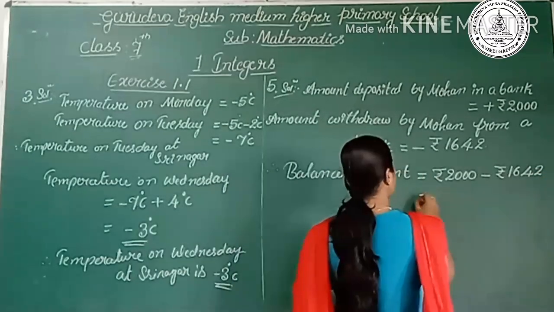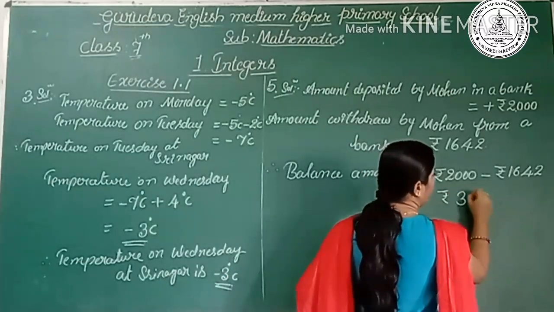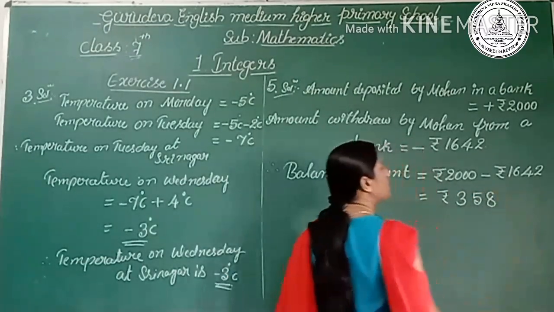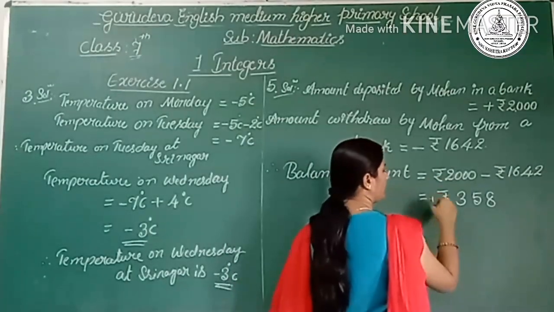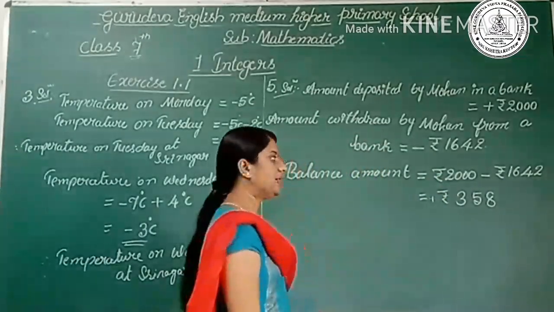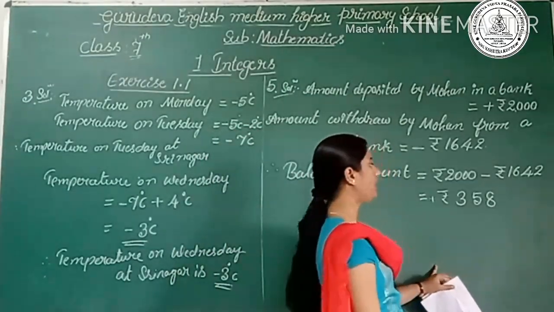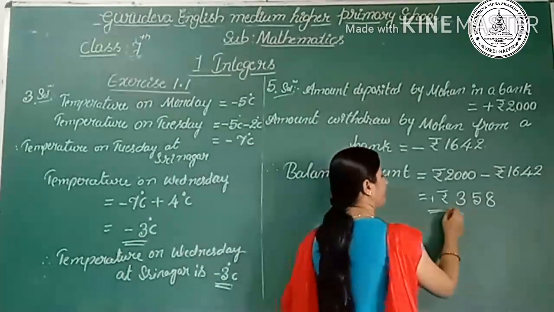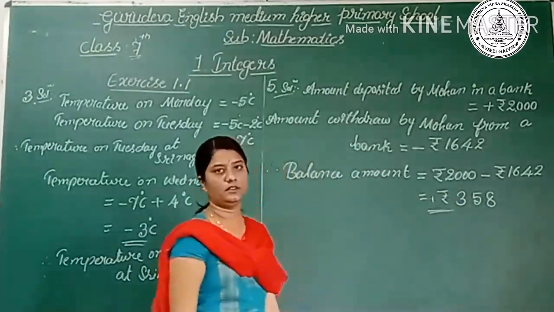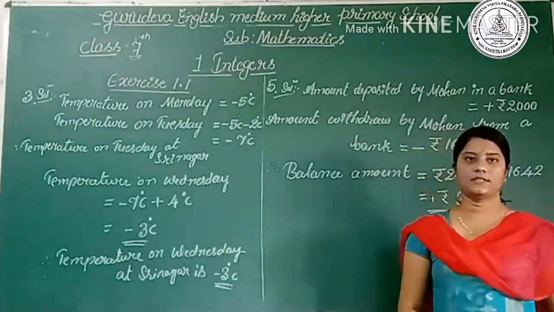Okay, so if we subtract that, we will get 358 rupees. So here 2000 is the greater number, it has a plus sign, so we have to keep the plus sign. Okay, so therefore the balance amount in Mohan's account is 358 rupees. Okay, it's clear? Yes. Then let's go to solve the next question, the sixth one.